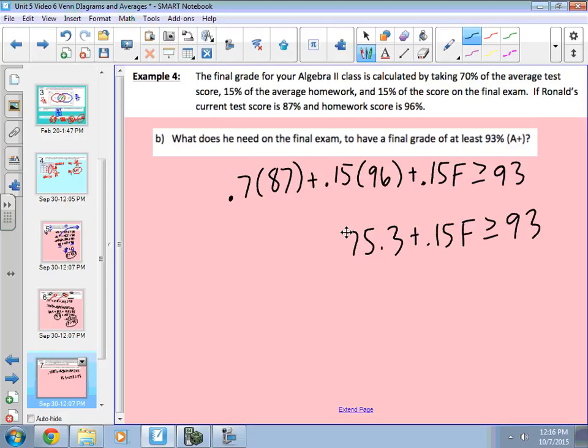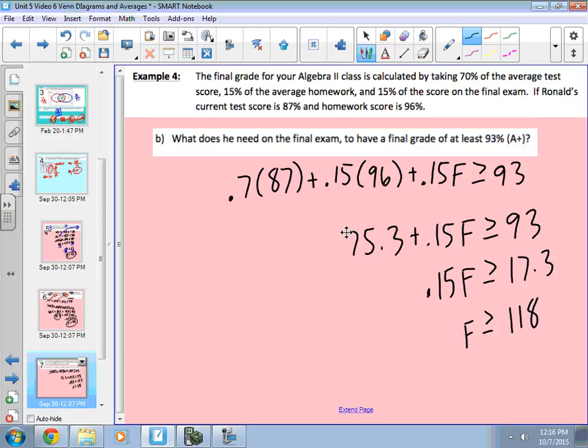Subtracting here, that's going to give us 17.3. And then if we divide by 0.15, we get 118. So they've got to get 118 on their final.